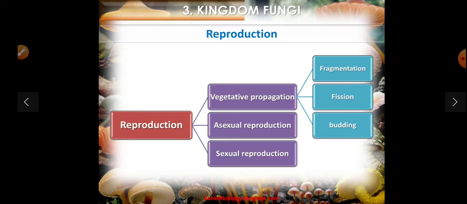Reproduction. Fungi show vegetative propagation, asexual reproduction, and sexual reproduction. Vegetative propagation includes fragmentation, fission, and budding.